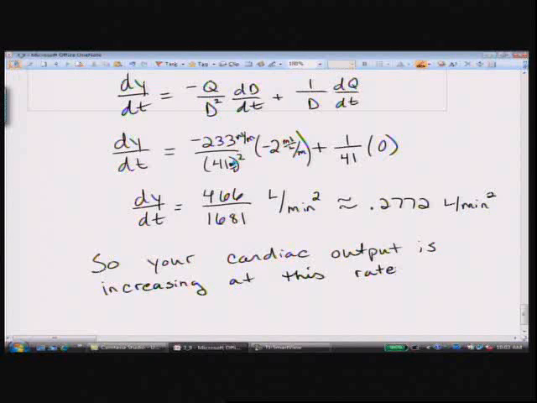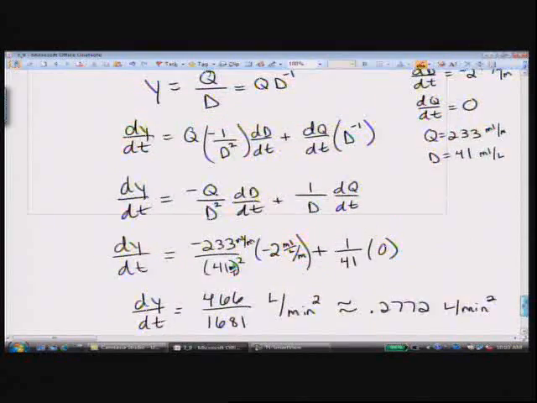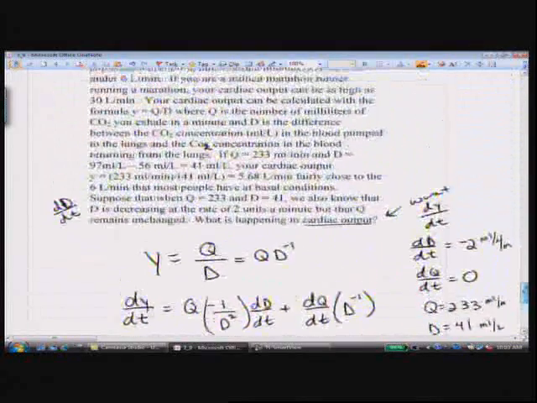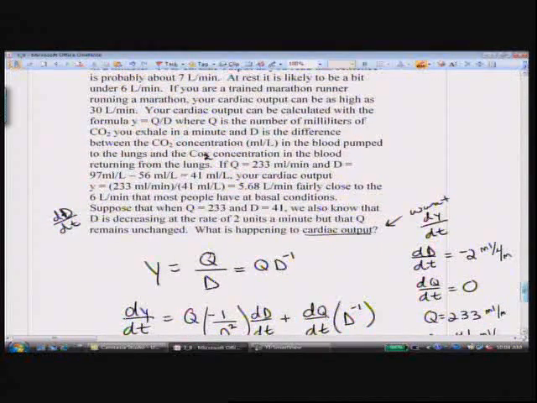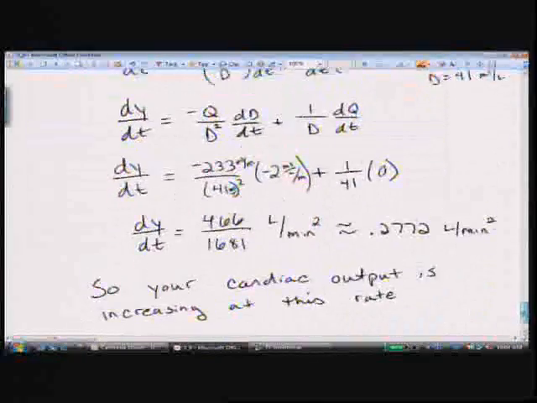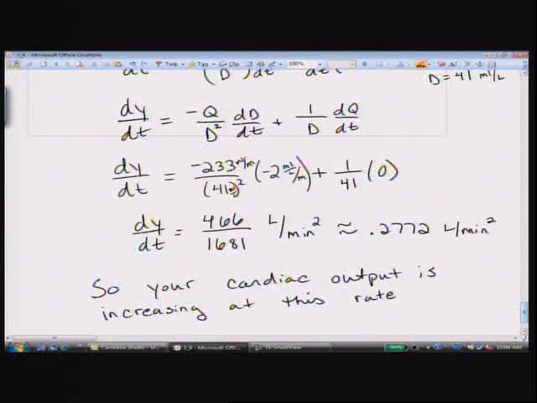Well, if it's milliliters per liter per minute, that's just 1 over a minute. Multiplying it. But you do have, was 233 a rate also? Q. Yeah. Oh, in 1 minute, yeah. It is. Okay. All right.